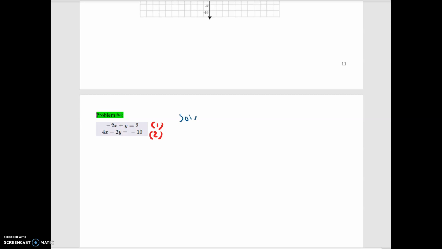It'll be easier to plot them. So on equation 1, we have negative 2x plus y is equal to 2. One step to solve for y would be adding the 2x. So we end up with y equal to 2x plus 2.